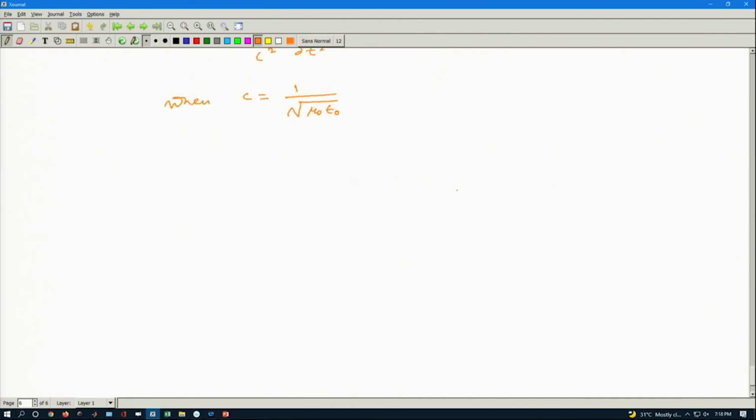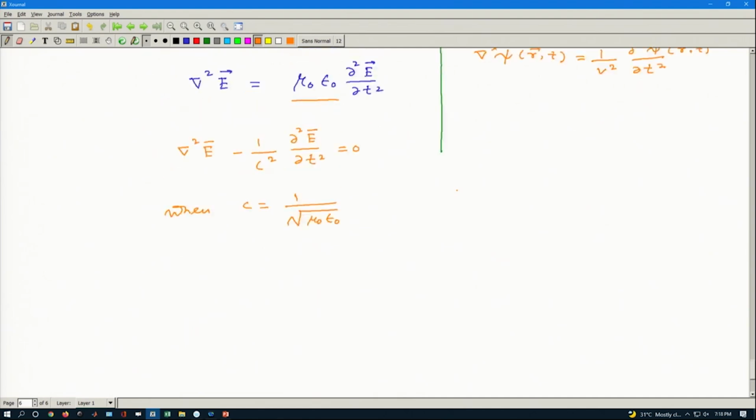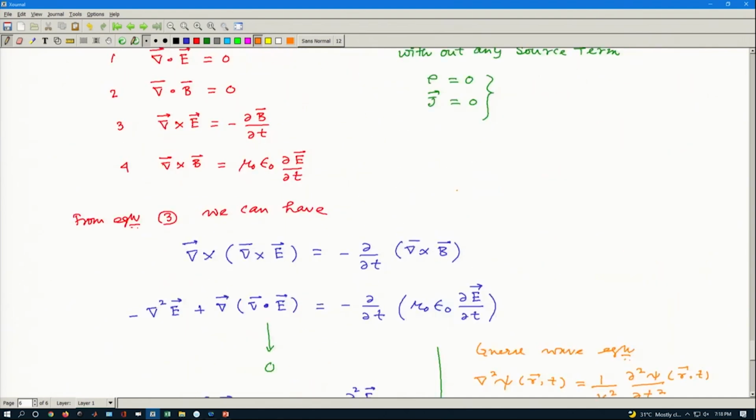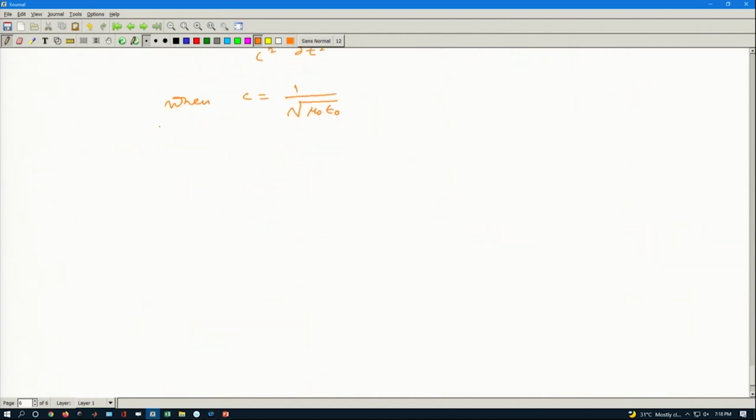Now, if you do the same thing for B, this is a homework. So, please try to do the same thing for B. I exploited equation 3 by taking a curl of E, and you can do the same thing by taking the curl of B using equation 4.